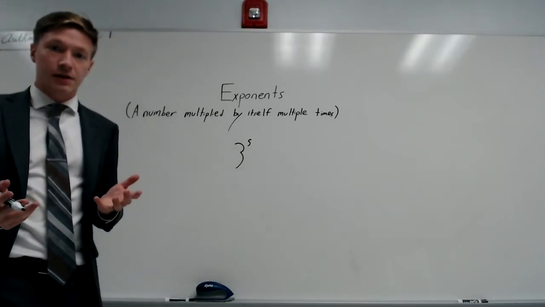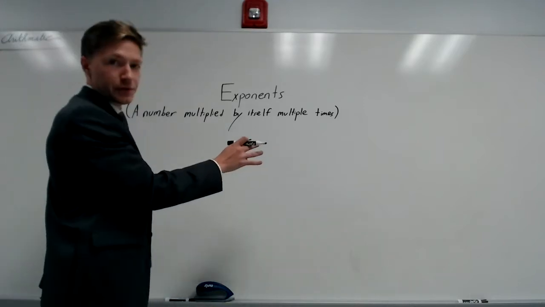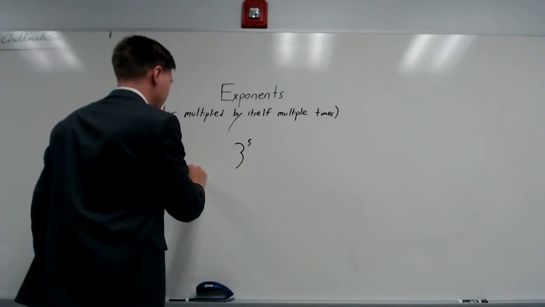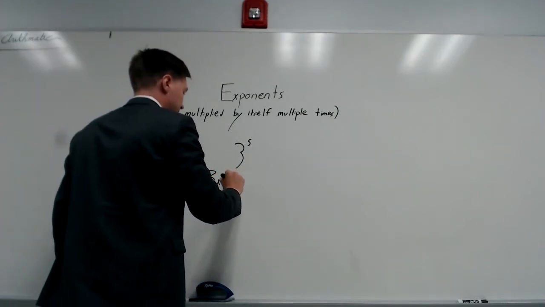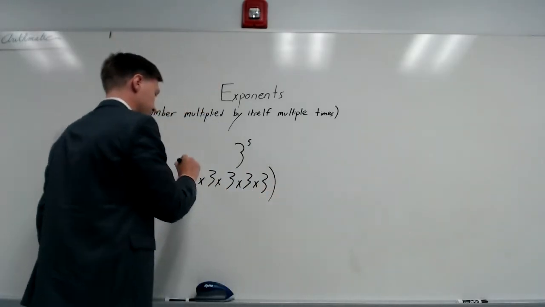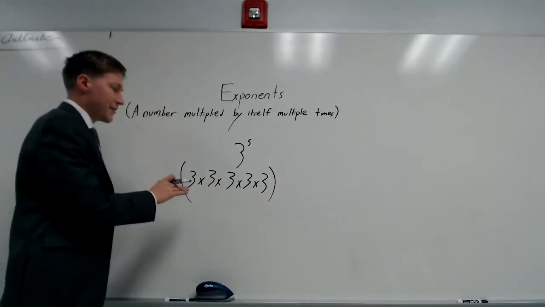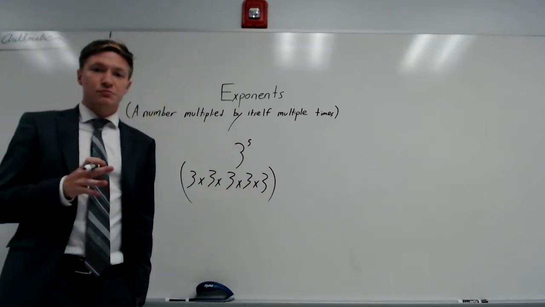What does that even look like? Let's put it up on the board here. So if this number 3 is multiplied by itself 5 times, that means that I would be expressing the idea that these 3s would be multiplied by themselves.